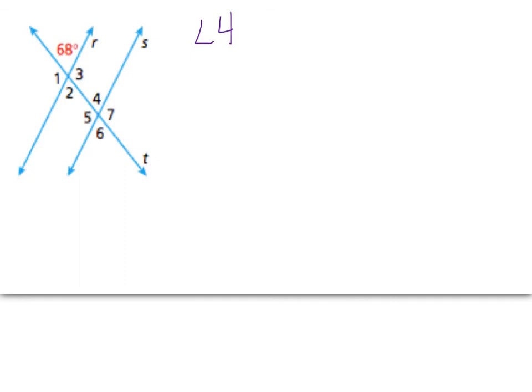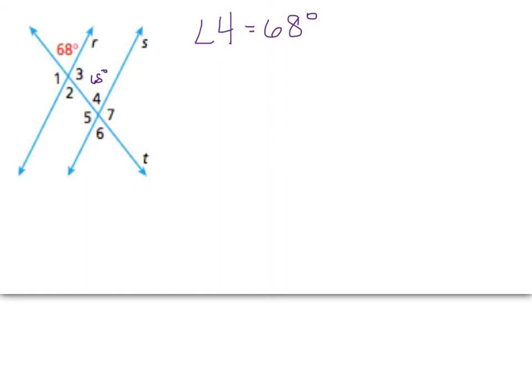Now remember, if we were to take this and put it right on top of this, what could be said about these two angles? Go back and look at the last slide we just had. Remember, they're corresponding. They're right on top of each other, so they would be the same. So the measure of angle 4 is 68 degrees. And I'm going to write that in here as well, because it might just help us see that.